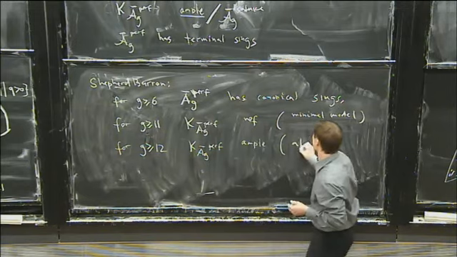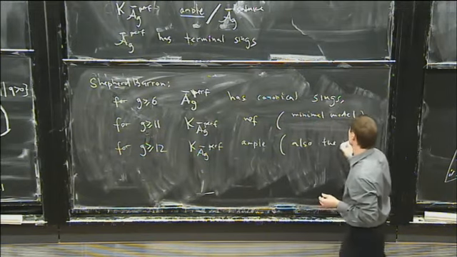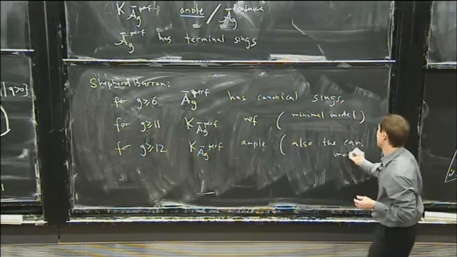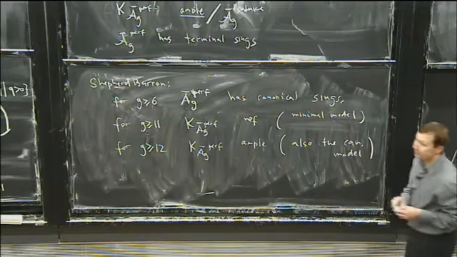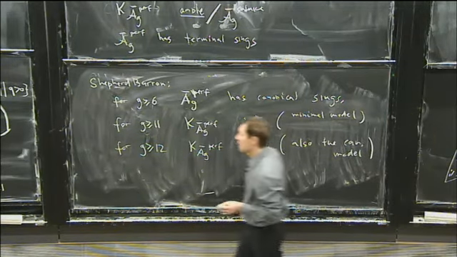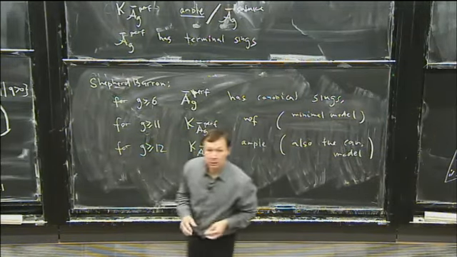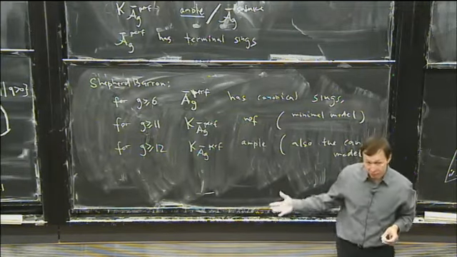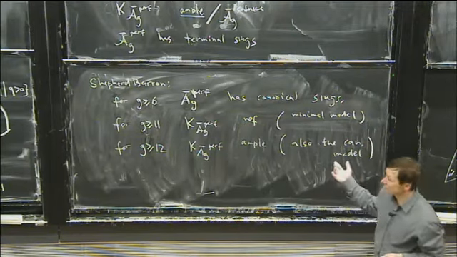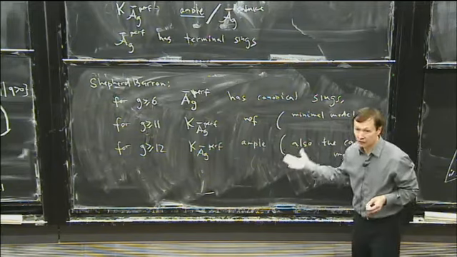So it's also the canonical model. Okay. So this is really the nicest compactification from the point of view of birational geometry.